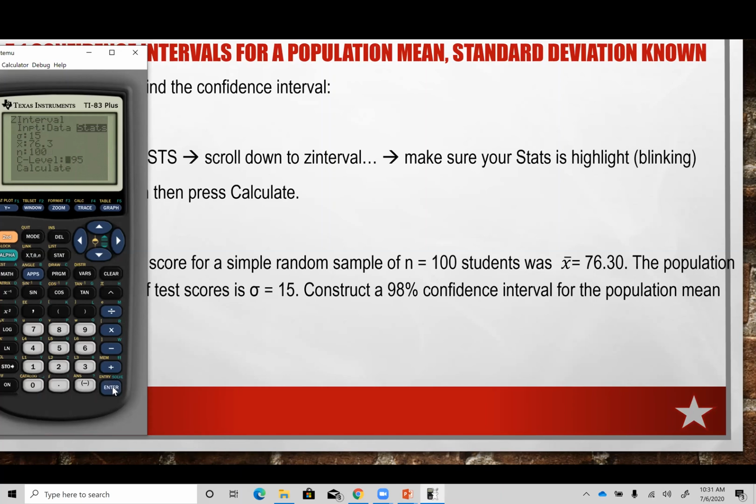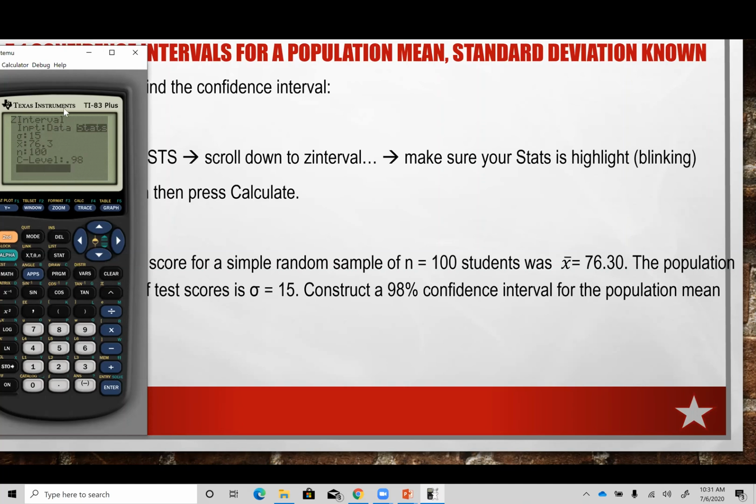And what is my confidence level? In this case, my confidence level is 0.98. Everybody see that you need to convert your confidence level into decimal. If you don't convert it, this will be an error. Everybody see where my numbers come from: my standard deviation, my sample mean, my N, and my confidence level.